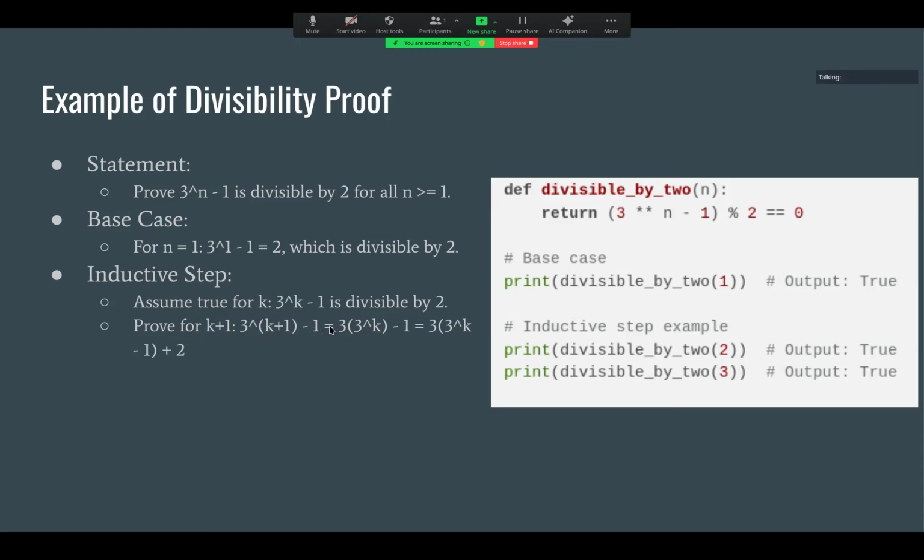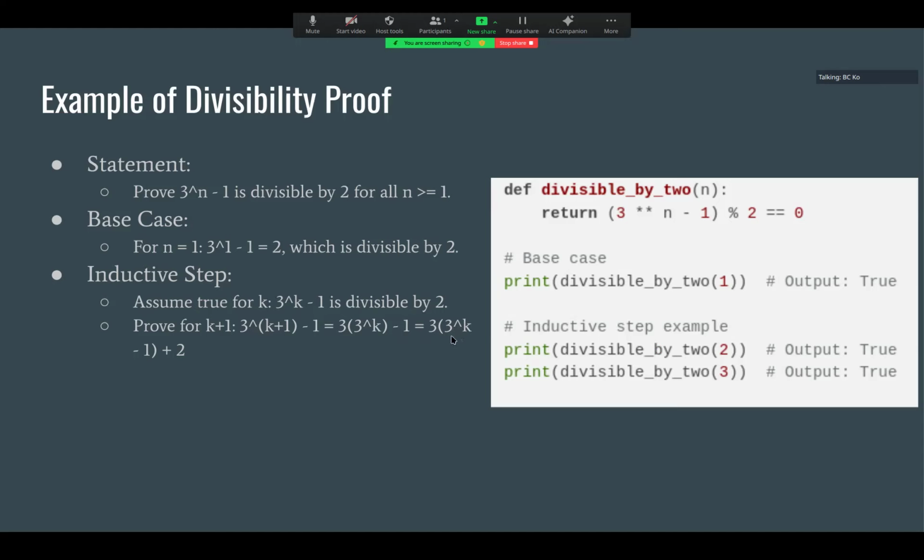And this comes out to be 3 times 3 to the kth power, because this plus 1 could become 3 in coefficient. And then we could change this so that it is 3 times 3 to the kth power minus 1 plus 2.